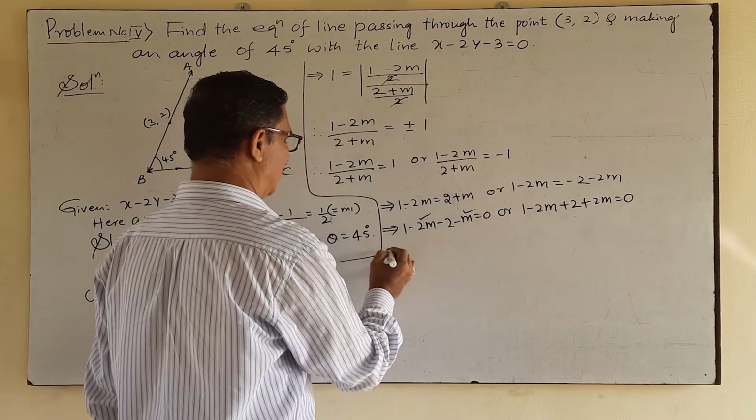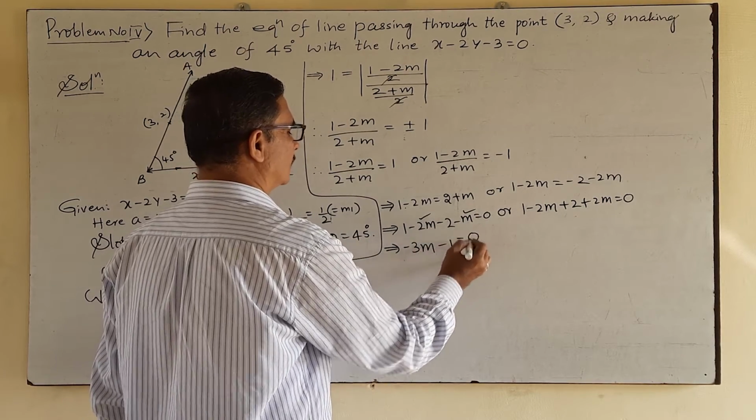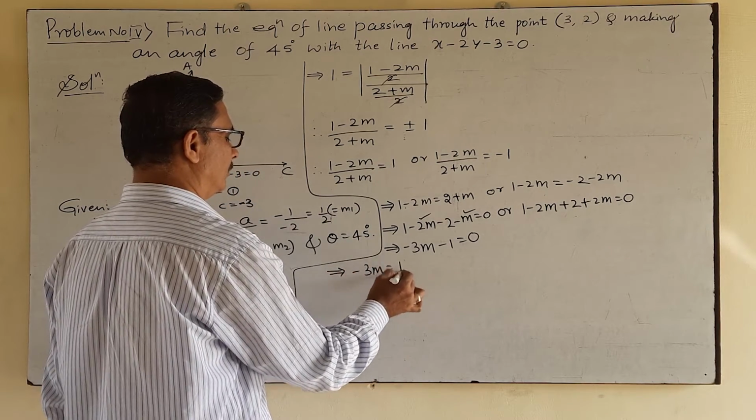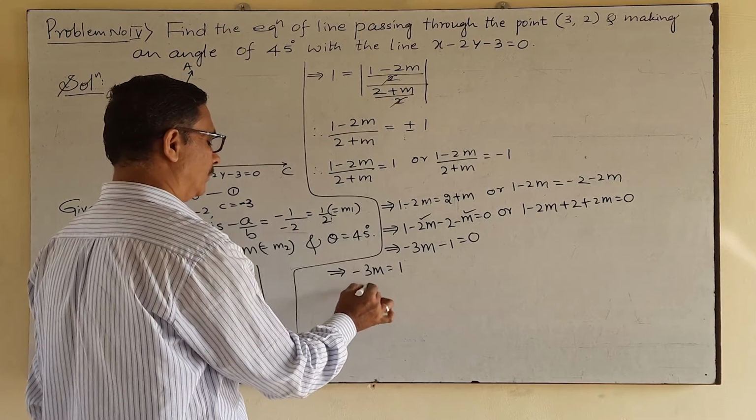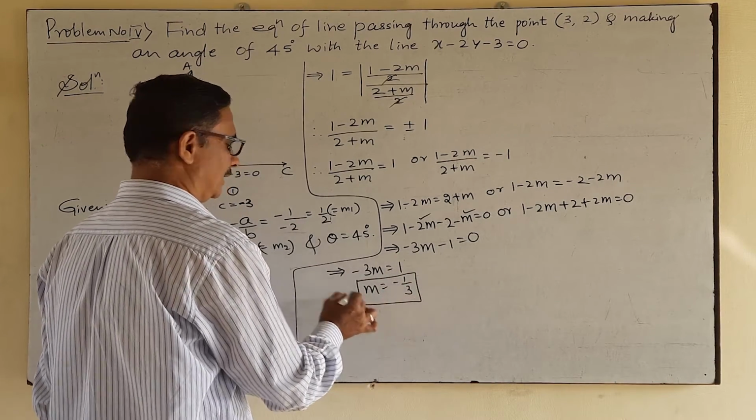Minus 2m minus m, that is minus 3m. 1 minus 2 minus 1 is equal to 0, implies minus 3m is equal to plus 1, divide by minus 3, m is equal to minus 1 by 3.